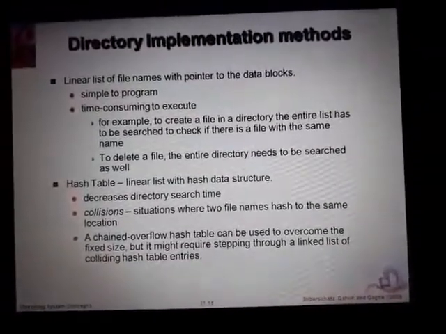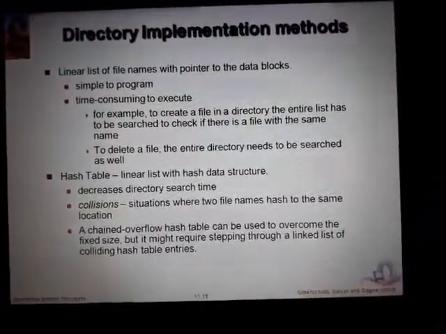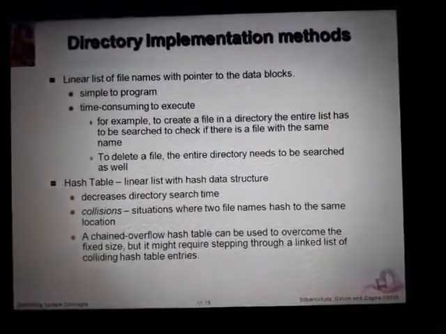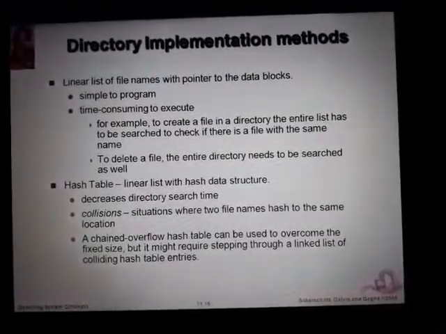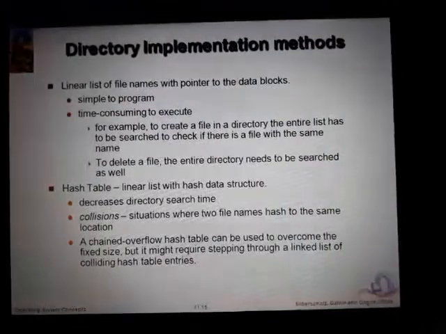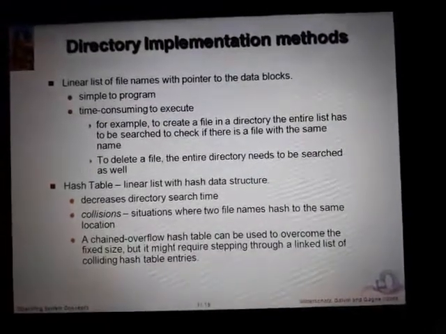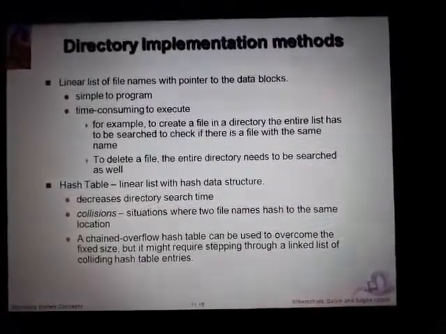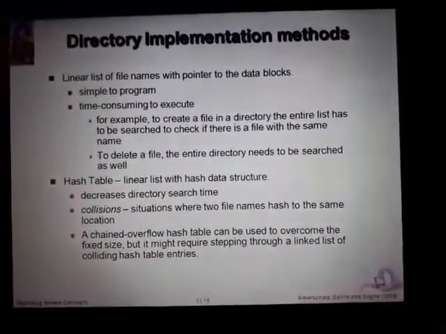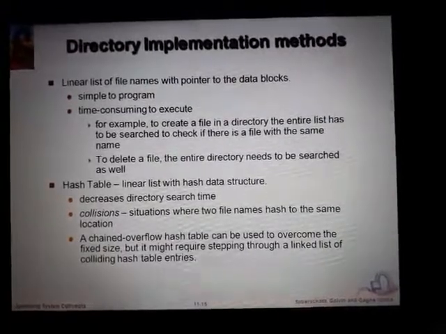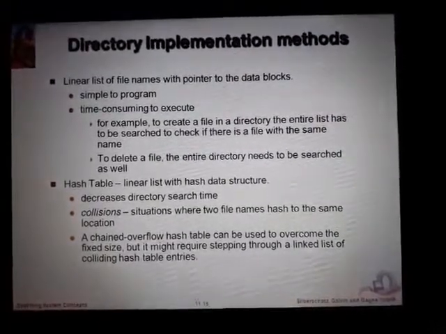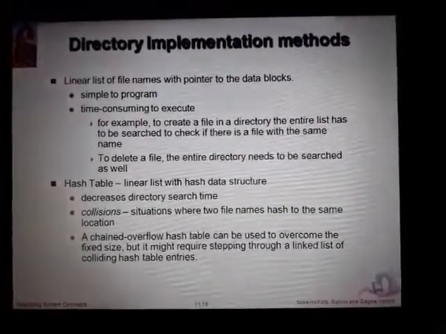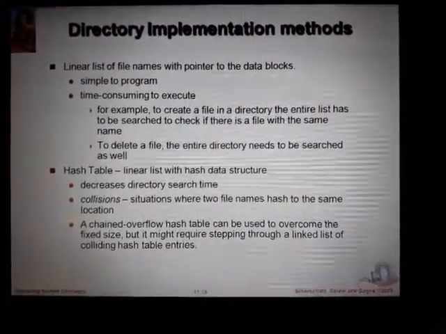A similar problem arose in the linear list method, where the entire directory needs to be searched to check whether a file with the same name exists before creating a file. But with a hash data structure, even if there is more than one file name, the colliding names will be stored together at the same hash location.